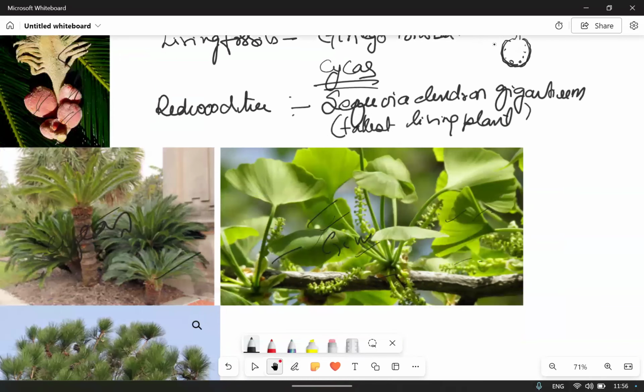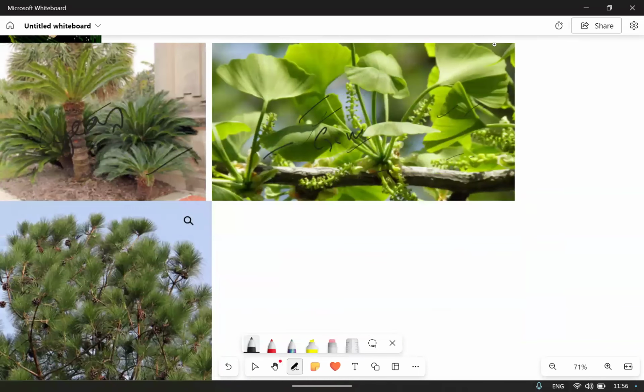And what about the plant body here? In the case of bryophytes, the plant body is gametophyte, we know. In the case of pteridophytes, the plant body is sporophyte, you know. Here also, you can see the plant body is sporophytic. What is the meaning of sporophyte?